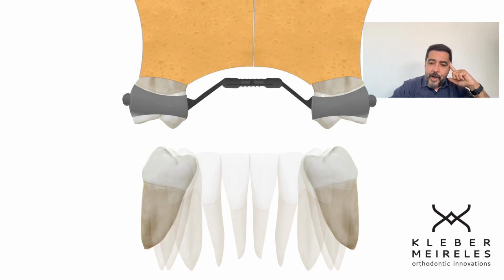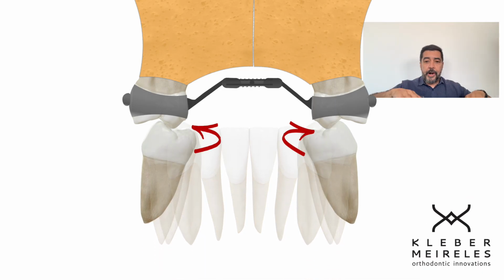What we need now is to accommodate the lower arch to the expansion of the upper arch, because you generated that. You thought that would be the best option, and then you expanded the upper arch, and now you need to expand the lower as well. But remember, in this case it's a class 1 patient, and I won't bring the mandible forward.